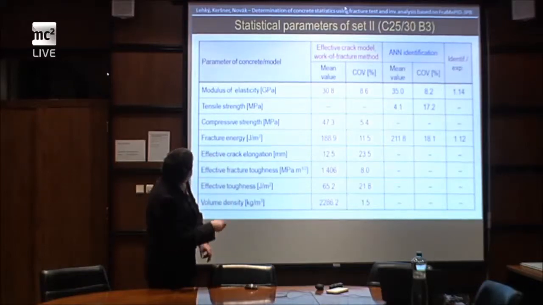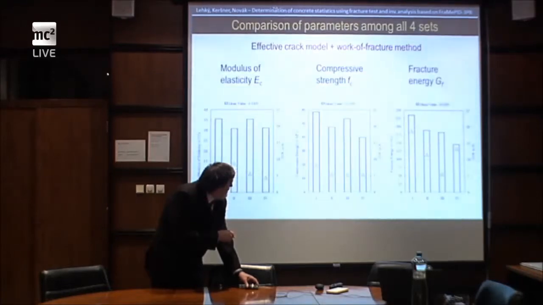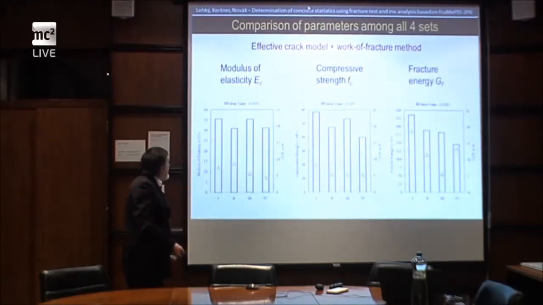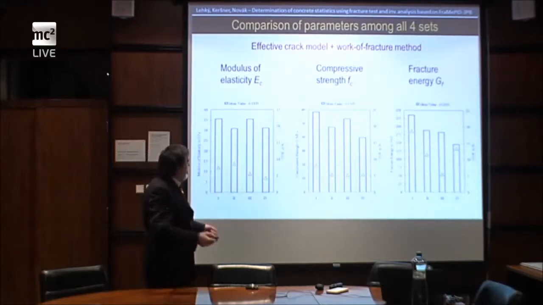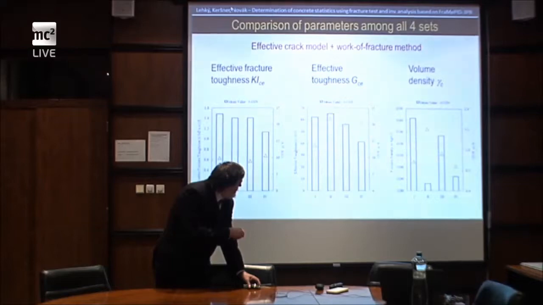So this is another set of concrete, but I think this is boring, so I can switch it. I only wanted to show you the enormous testing. These are comparisons of these three fundamental fracture mechanical parameters, which rule failure and crack propagation of concrete, right?